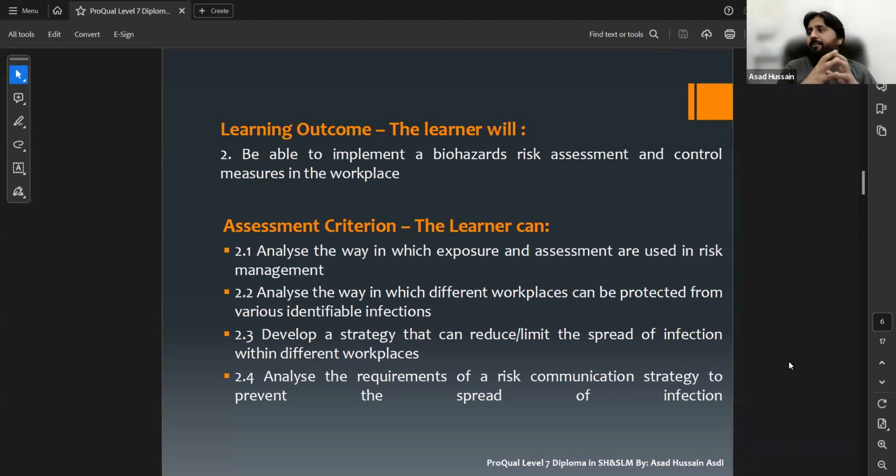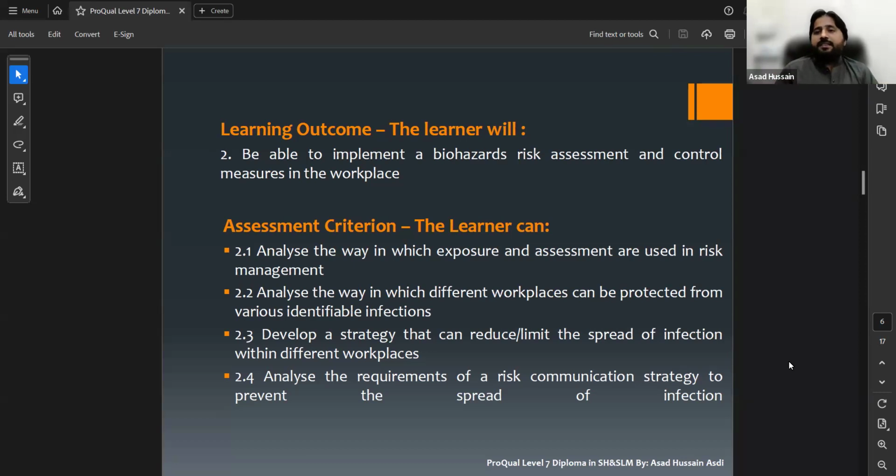Most of the time, the people, workers and management, know very well what type of infection is there, how it can disturb them, how it can attack them, how it can spoil them.